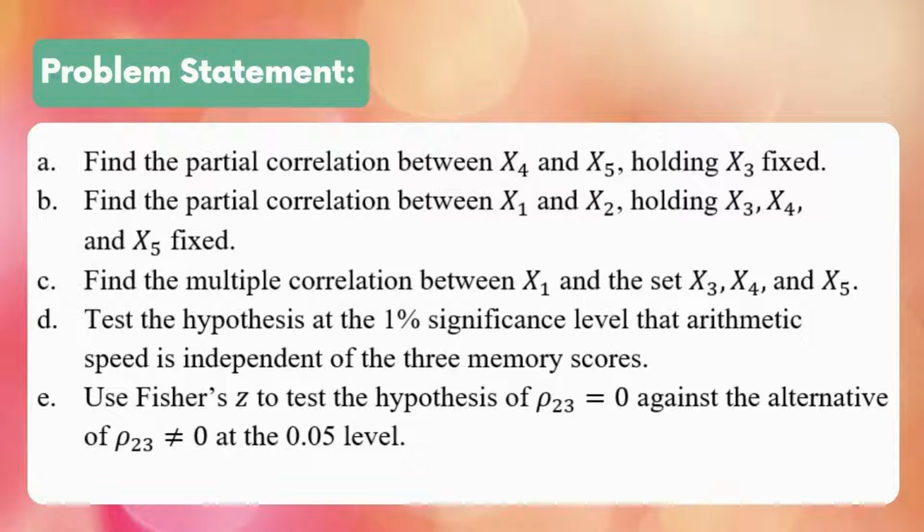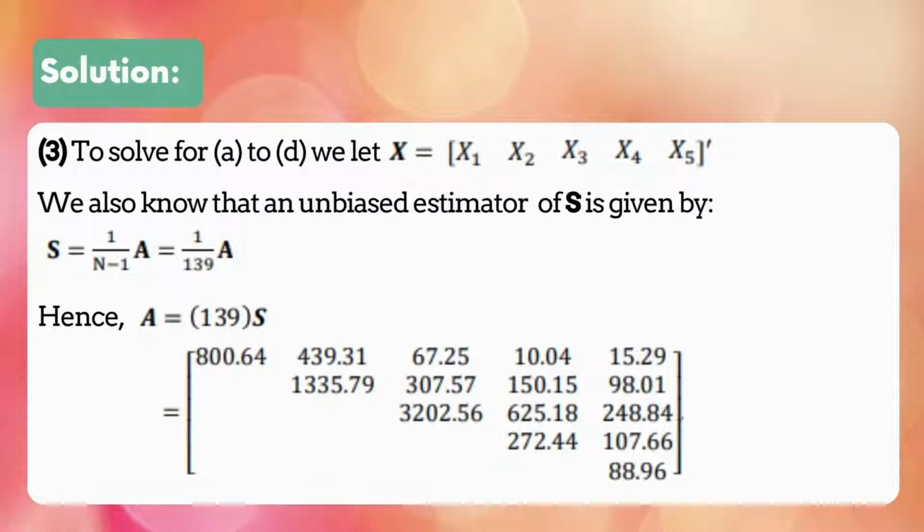To solve for items 3A to 3D, we first let the matrix X be x1, x2, x3, x4, and x5 transposed.